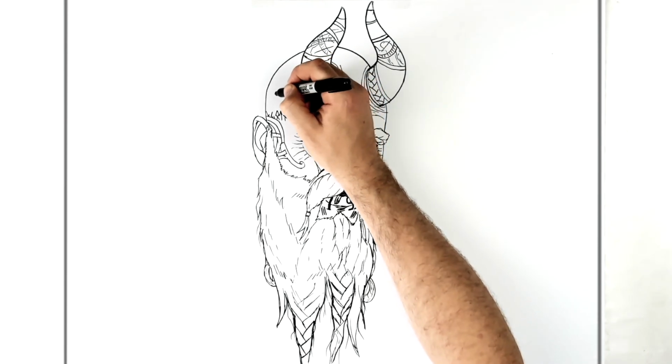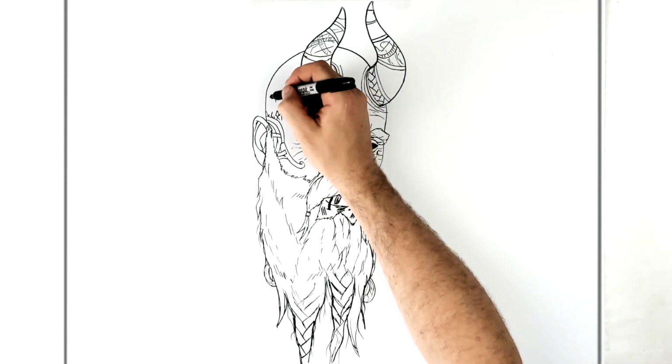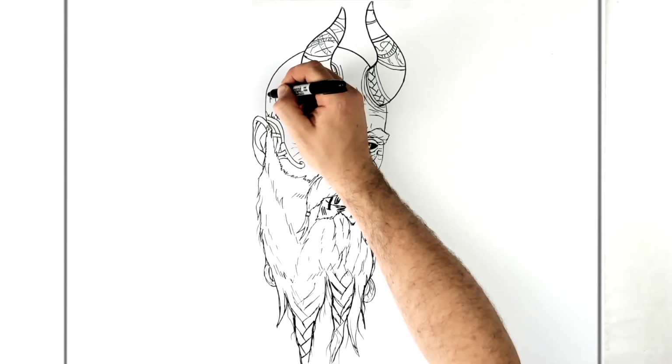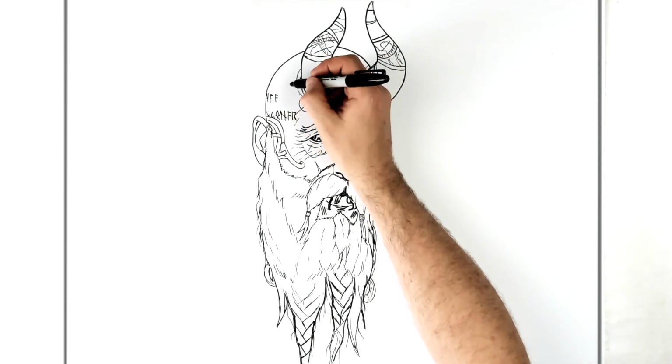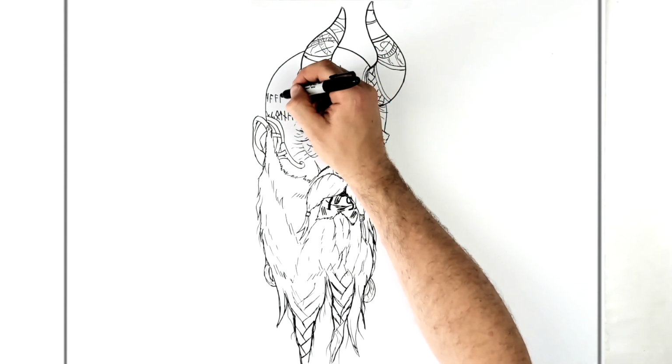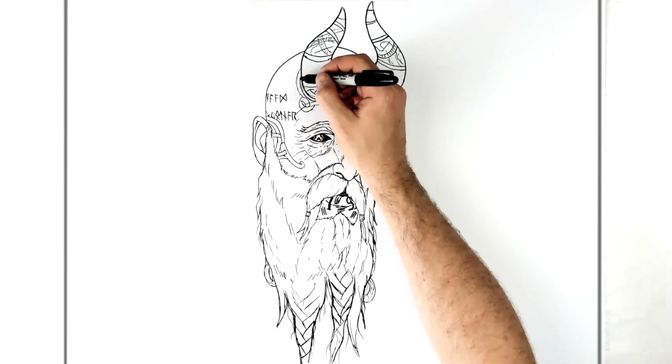So another F here, F there, something else disappears behind his head. Then this sort of X, the box.